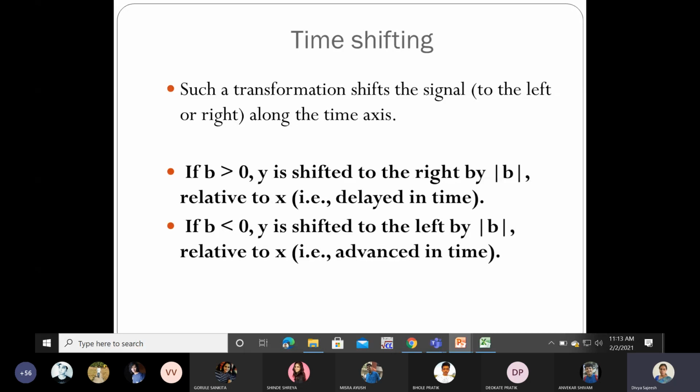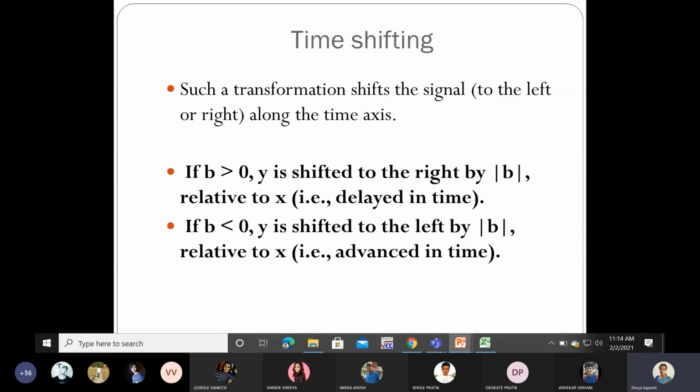Advancing means the signal has started before your reference, so it has advanced in time and will be shifted towards the left of the y-axis.